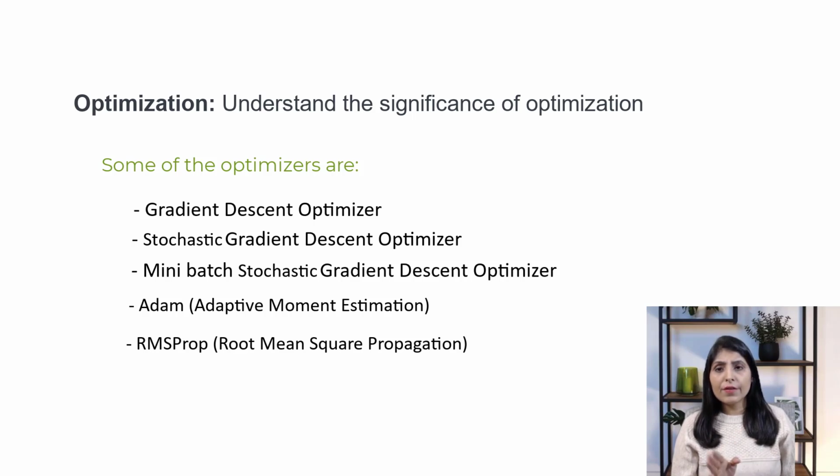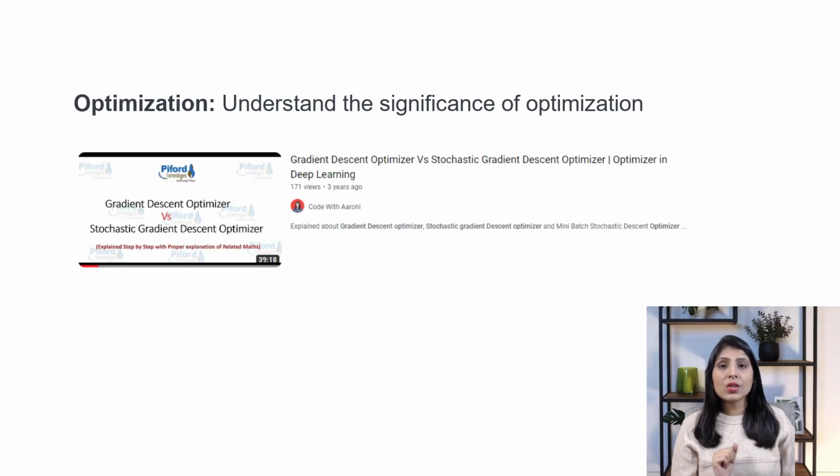So there are different optimizers, but the role of every optimizer is the same. Today in this lecture, we are not discussing them in detail, but if you want to learn about them, I have a separate video on my channel. This is the video. You can check this video. In this video, I have explained some of the optimizers in detail. I have discussed the math behind them. So you can check that video.